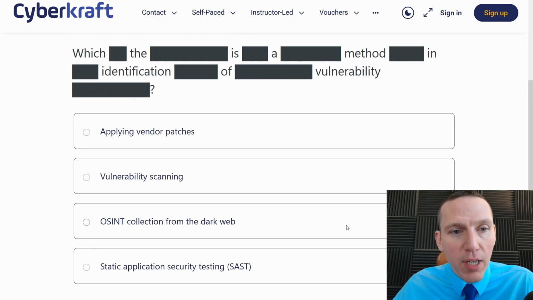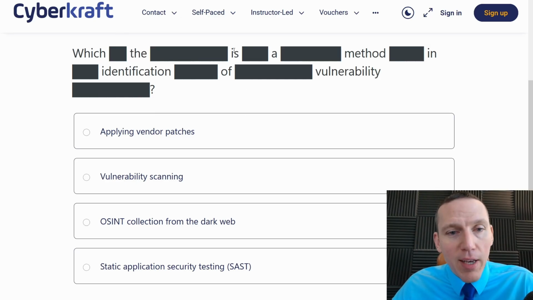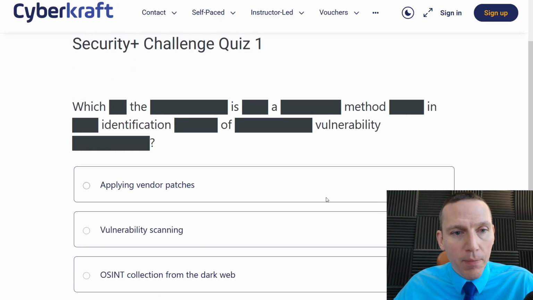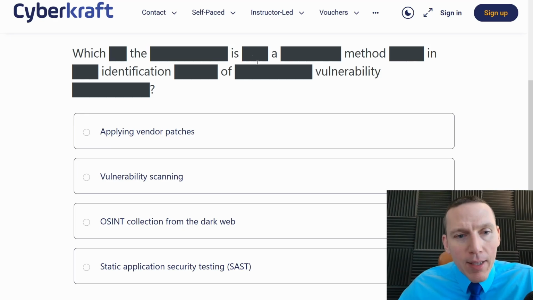All right, which of the following, so Dr. Beeler likes to use which of the following, is something a something method, something in something identification of blank vulnerability, something. Which of the following is, what is this? Is what? I don't know what this would be.